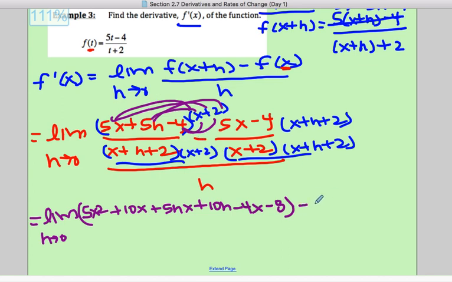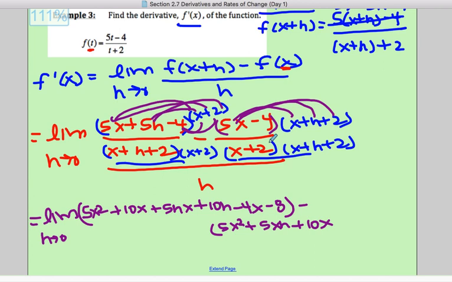Then minus, and I'm going to put all of this in parentheses again. This is where it kind of gets hard. I know it's going to be a long string, so I'm actually going to rewrite it below here. Okay, so we'd have 5x squared plus 5xh plus 10x.